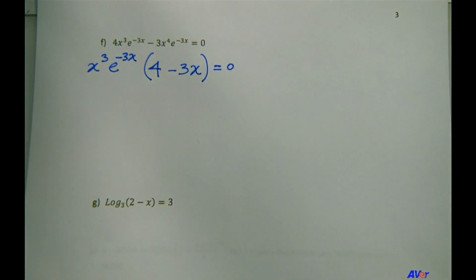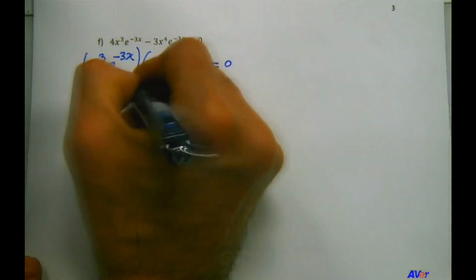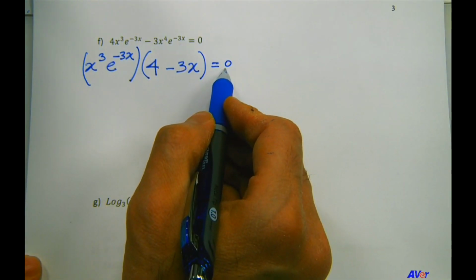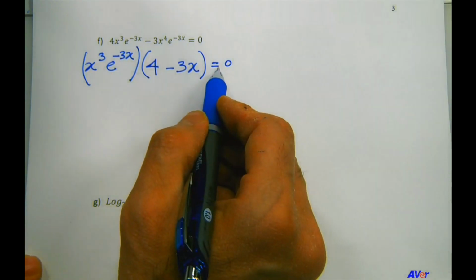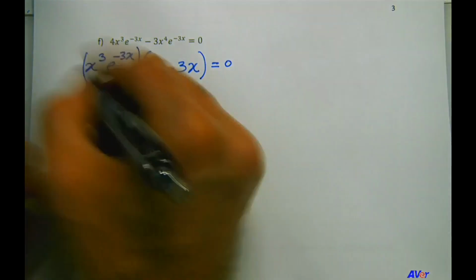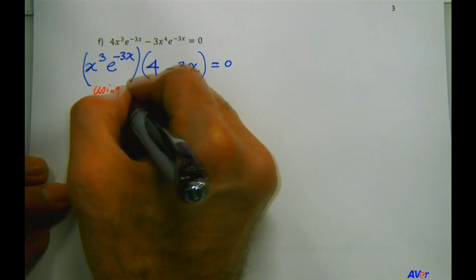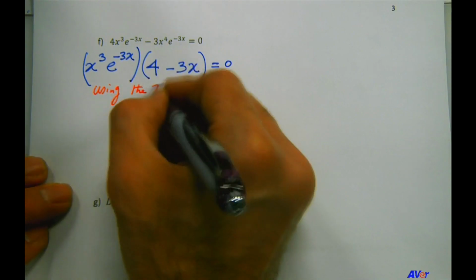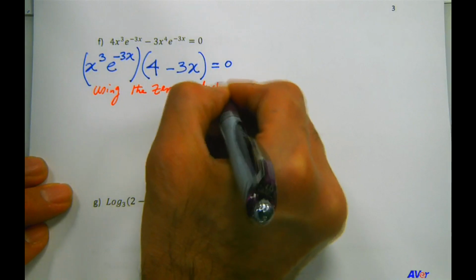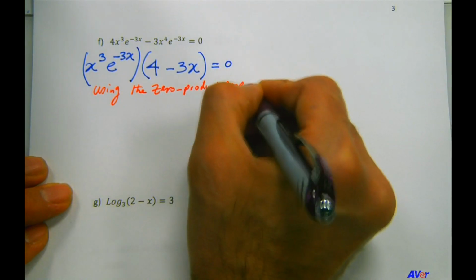So now we have these two terms that are being multiplied and producing 0. This equation equal to 0, right? So we discussed one property, the zero product property.